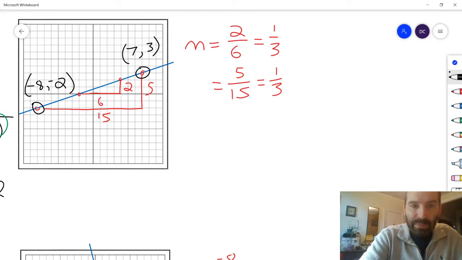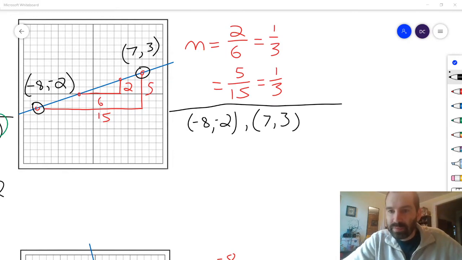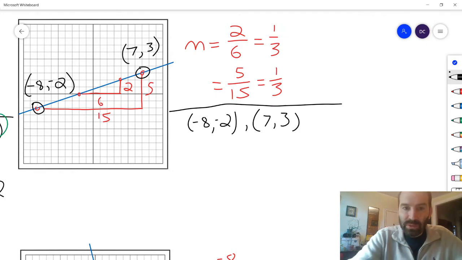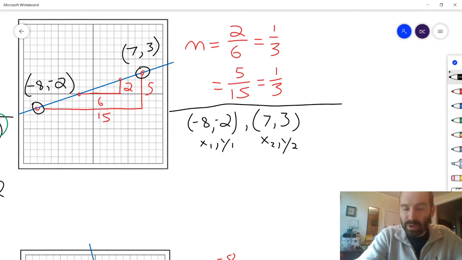So I might be told in the problem that the line goes through the points negative 8, negative 2, and 7, 3. Right? They may not even give me a picture, and they may ask me to compute the slope. Okay, so I'm going to label one of these points x1, y1, and the other one x2, y2. So I have point 1, point 2.